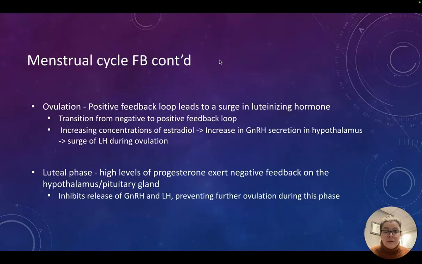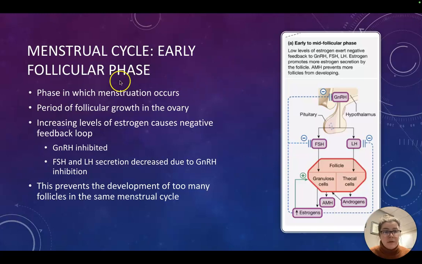Now, focusing on the menstrual cycle, in the early follicular phase, where follicles are developing and that primary follicle is getting ready for the ovulation process, there is a negative feedback loop at play due to increasing levels of estrogen. When these estrogen levels increase, GnRH in the hypothalamus is inhibited, which then results in inhibition of FSH and LH.